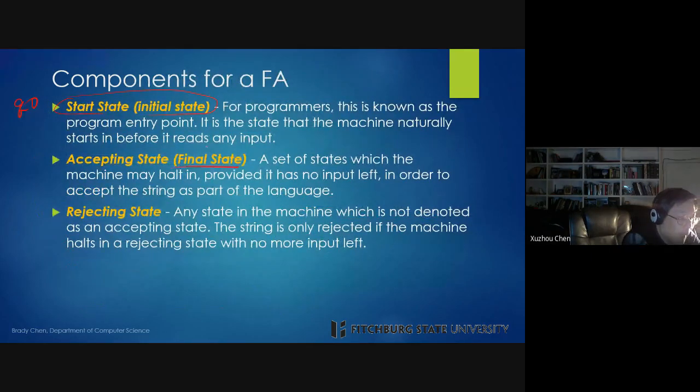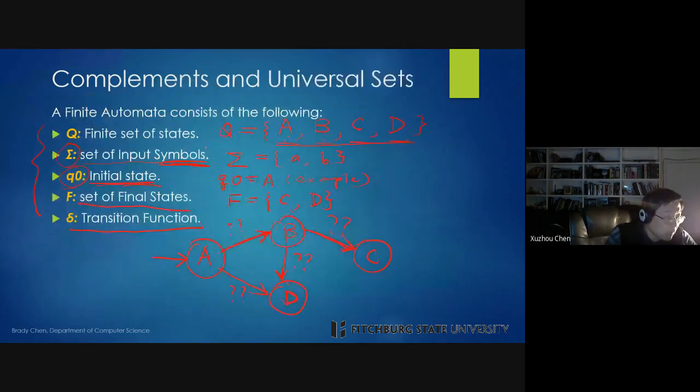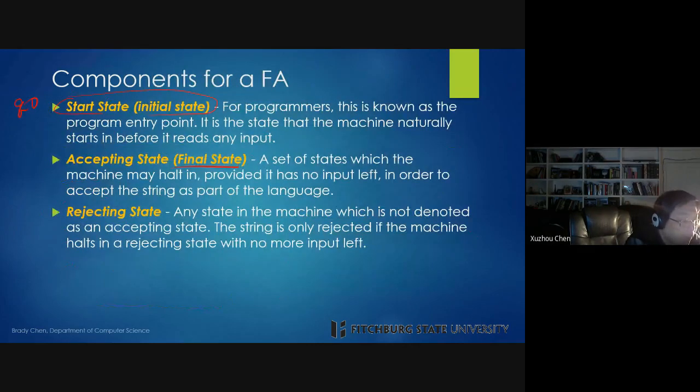Now the final state. Remember the final state here: the set of final states. What are final states? A final state is also called an accepting state. It is a set of states in which the machine may halt, provided it has no input left, in order to accept the string as part of a language. So if I have an input string, for each of the symbols in the string, I decide which state I'm going to go to. And for the next input, I decide which state I'm going to go to.